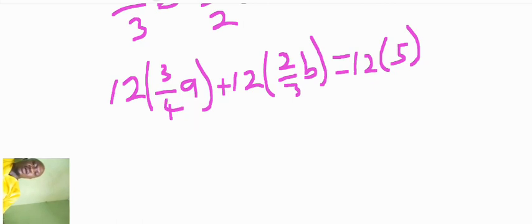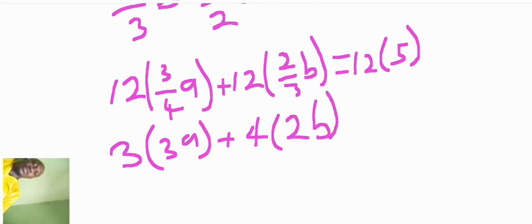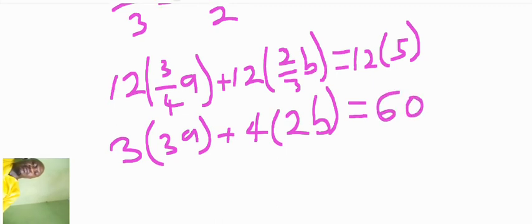So I will have 3 into bracket 3A, plus also 3 divides itself 1 and divides 12 4, so I'll have 4 outside, we have 2B, and 12 times 5 is 60.